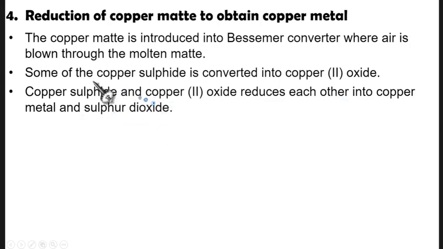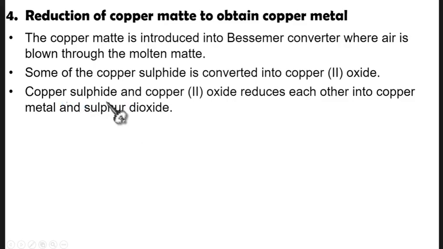Not all of the copper sulfide does the conversion into copper(II) oxide, because only some of it is converted. Then the copper sulfide that has not been converted reacts with the copper(II) oxide, and they reduce each other into copper metal and sulfur dioxide.